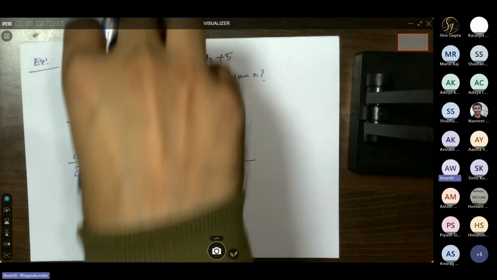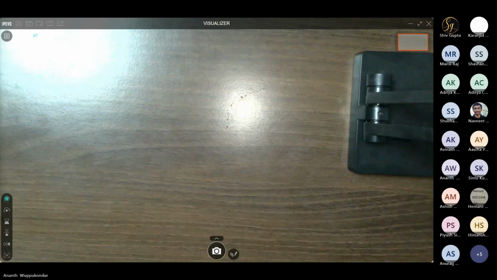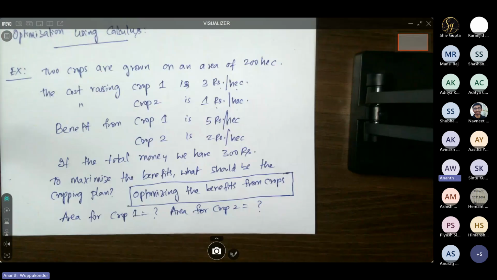Now, let us get back to this example, where we have two crops, x1 and x2. Based on the given conditions, we need to frame some functions such as f of x, and we need to optimize that function f of x.